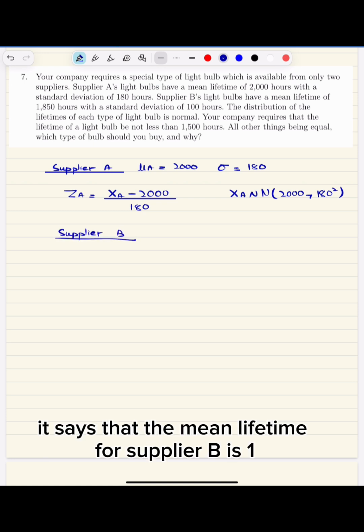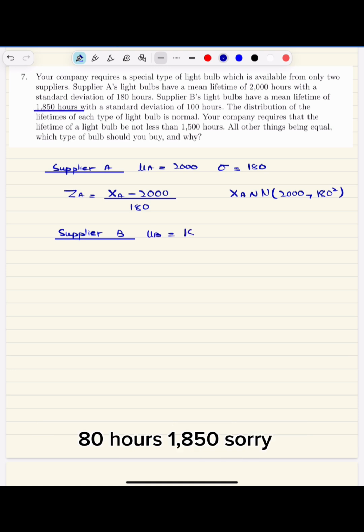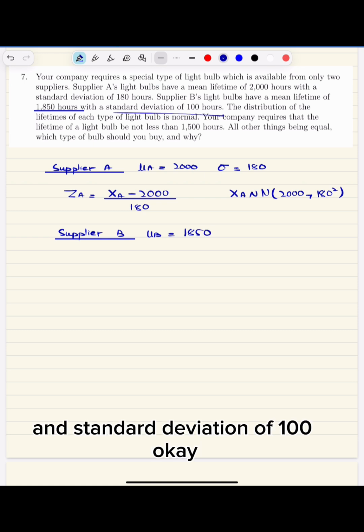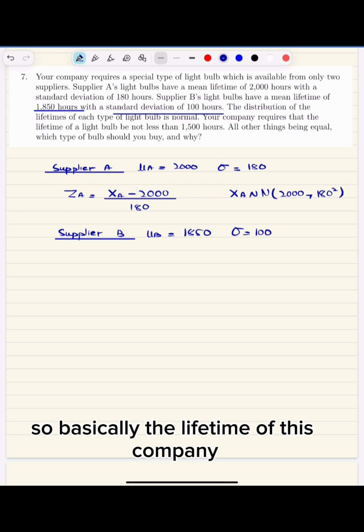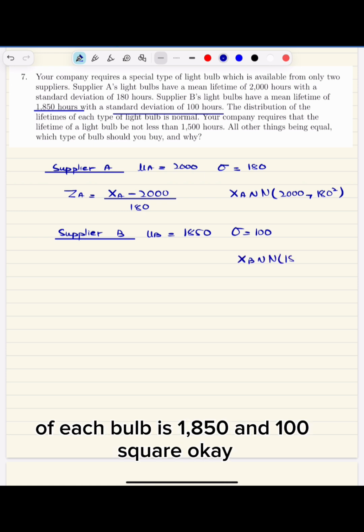What about supplier B? It says that the mean lifetime for supplier B is 1850, and standard deviation of 100 hours. So basically the lifetime of each bulb from this company is normal with mean 1850 and variance 100 square.